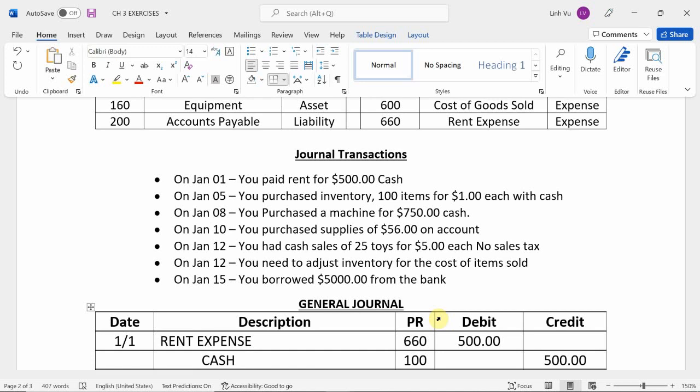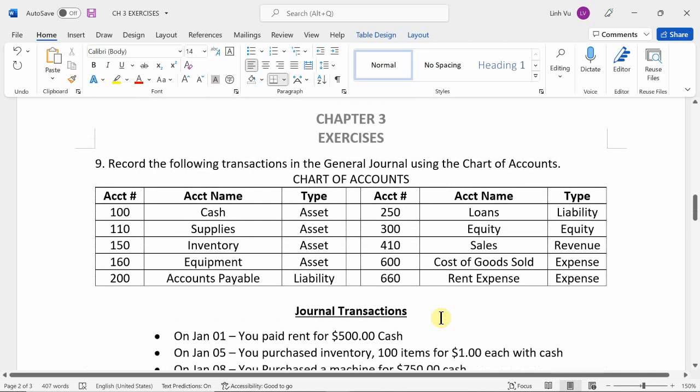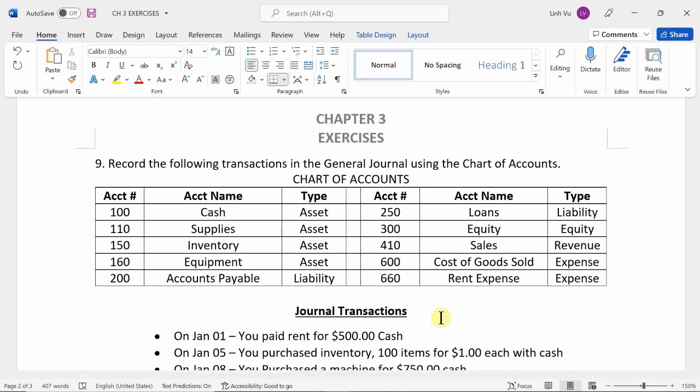So, how would I understand this transaction? So we gain the cash. Yes, we did. And then we also made a sale. Correct. So the cash increased. Okay. So it's a debit. Good.